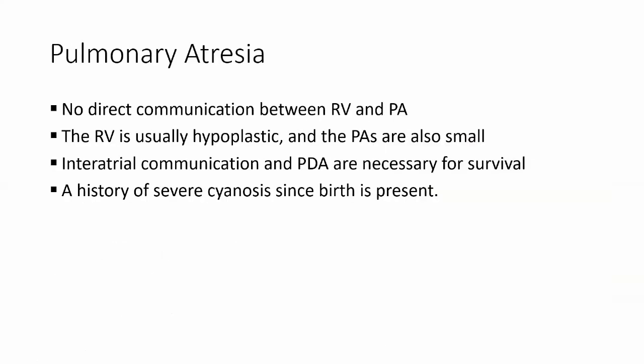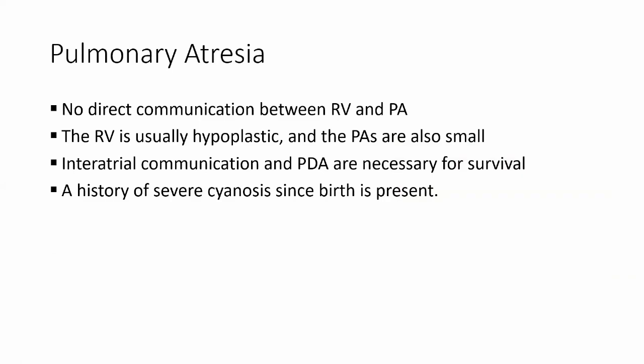And with pulmonary atresia, direct communication between the right ventricular cavity and the pulmonary arteries usually doesn't exist. So the PDA is the major source of blood flow to the lungs. The left atrium and left ventricle are relatively large because they receive both systemic and pulmonary venous return.